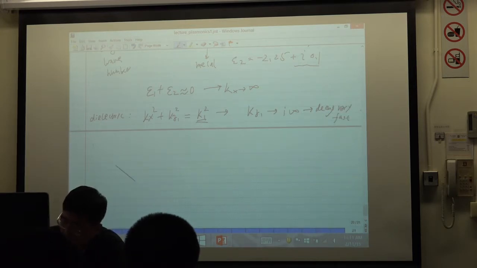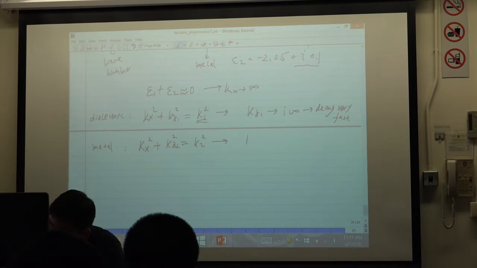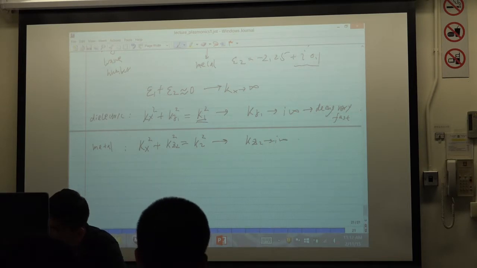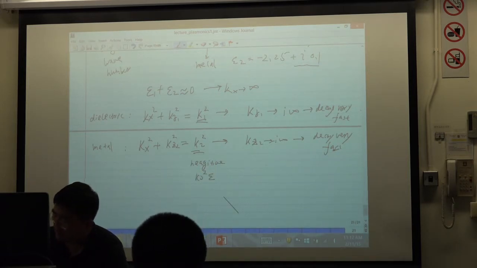Similarly for metal, it is also similar, but decays even faster. When kx squared goes to infinity, plus kz2 squared equals k2 squared, kz2 also goes to imaginary infinity and decays very fast, because k2 squared is negative. It decays much faster than the air region.